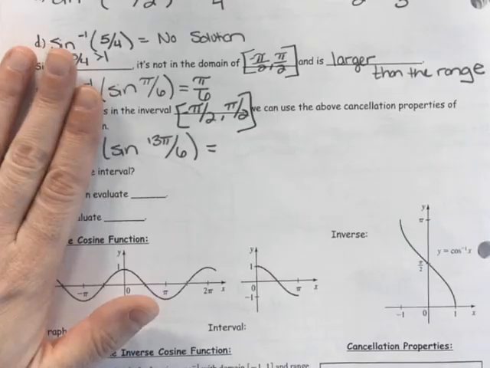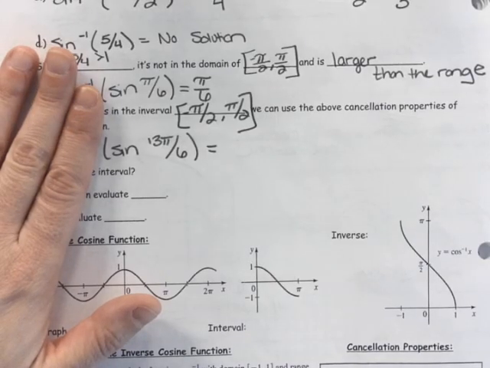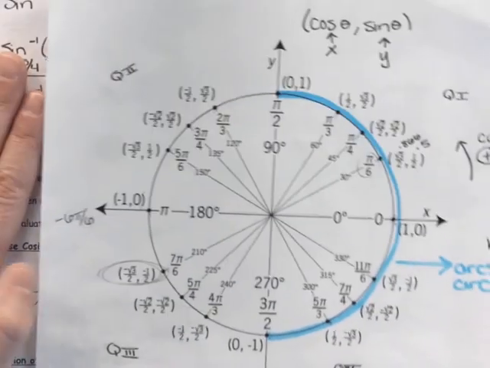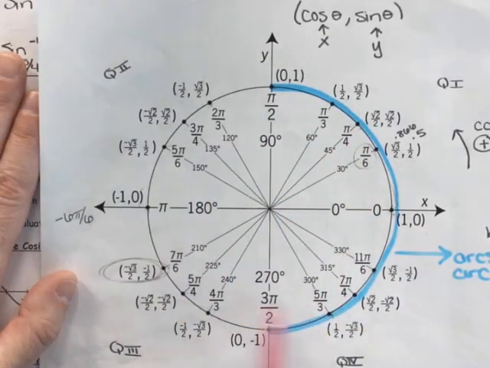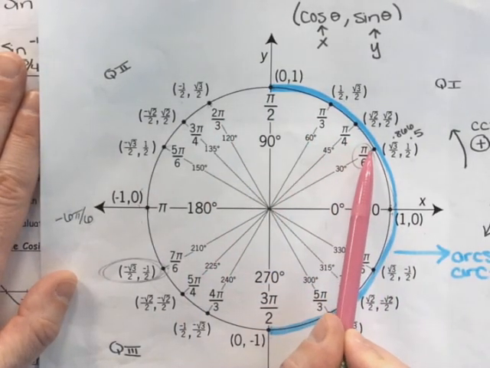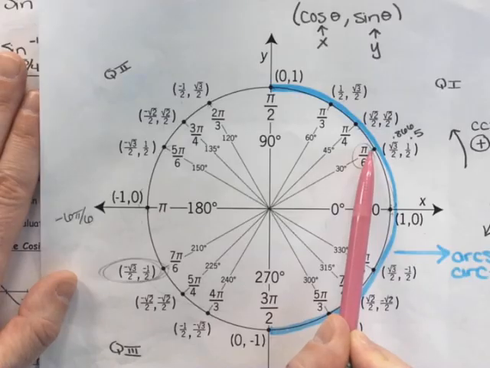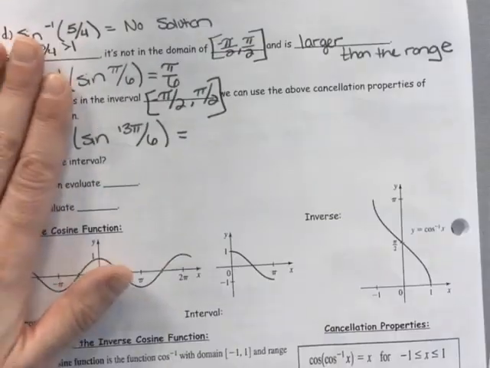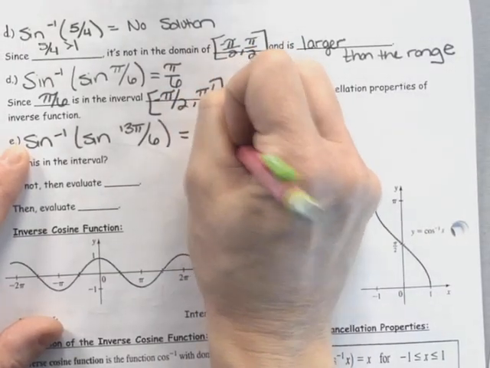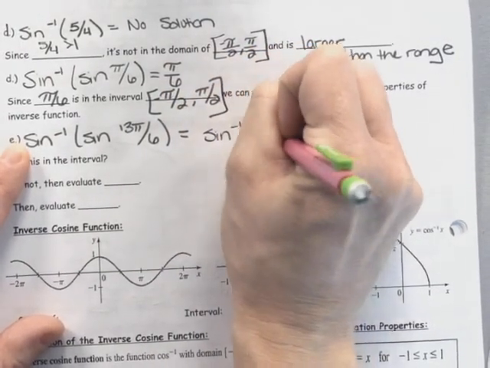I'm going to think about just what is the sine of 13 pi over 6. So 13 pi over 6 would be here. Agree? Okay, what's the sine at that spot? 1/2.